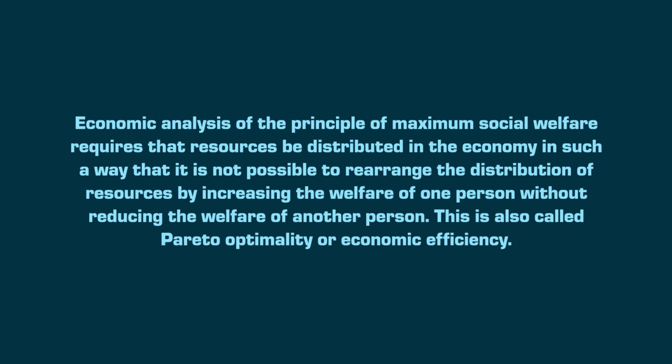And this is also called Pareto optimality or economic efficiency. However, externalities and public goods work as conditions that lead to market failure and reduce economic efficiency. There are various externalities in production as well as consumption where the costs and benefits incurred or received in the transaction are not reflected in the prices.